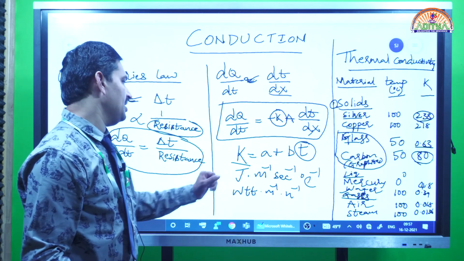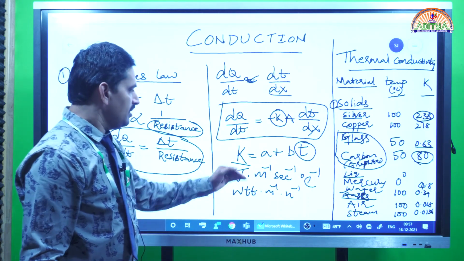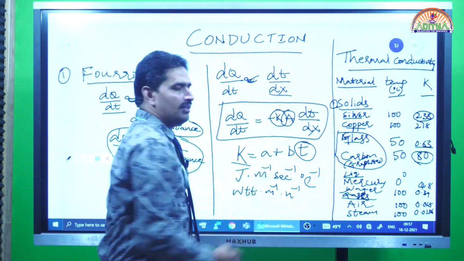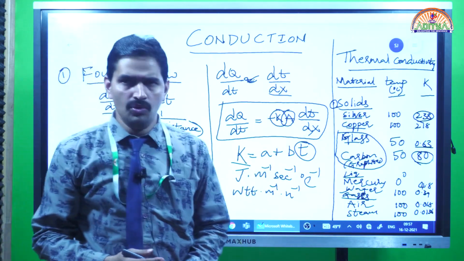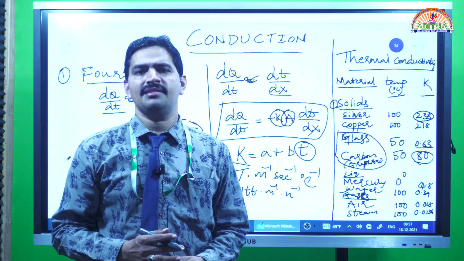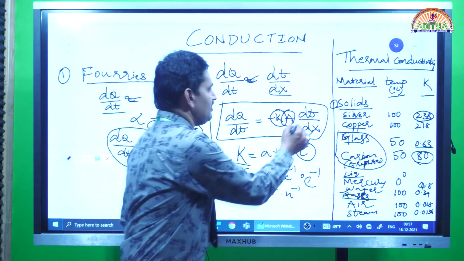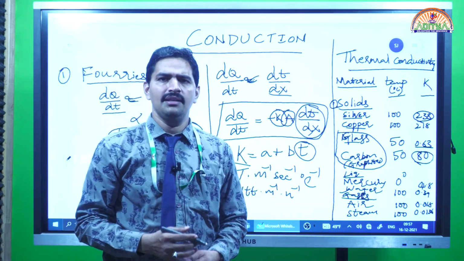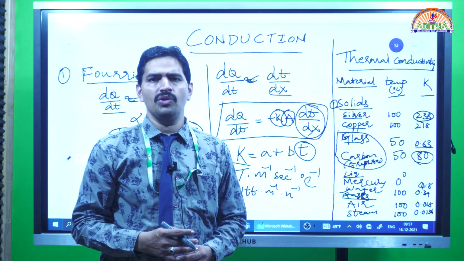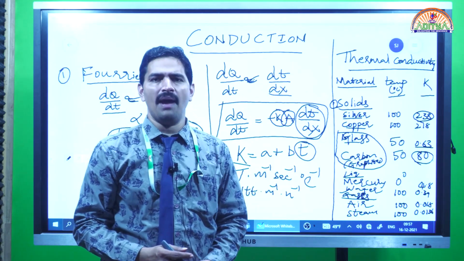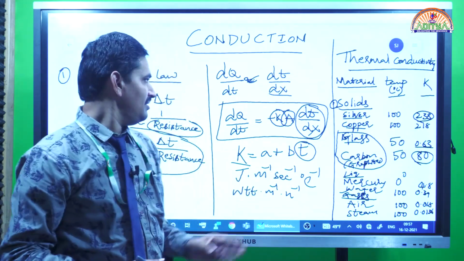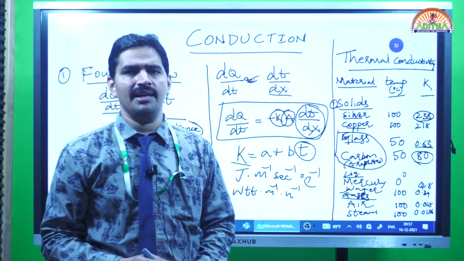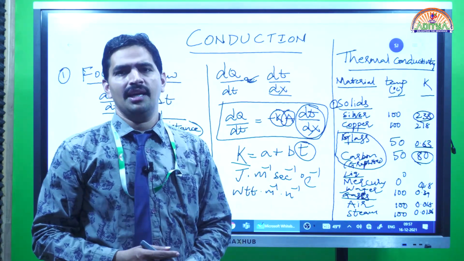In such a way we can know the units of thermal conductivity, where A is nothing but the heat transfer through a particular unit cross-sectional area, and as already discussed, dT by dx is nothing but a particular temperature difference through a unit path. dx means unit path. So by using Fourier's law, we can study the rate of heat transfer.